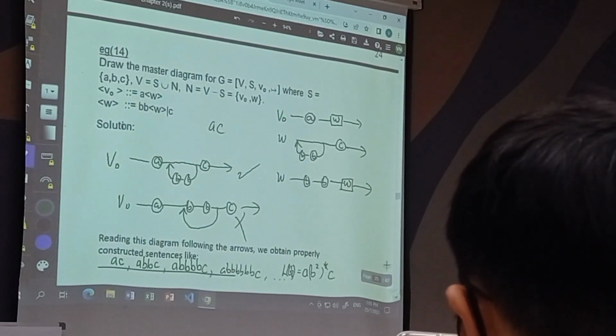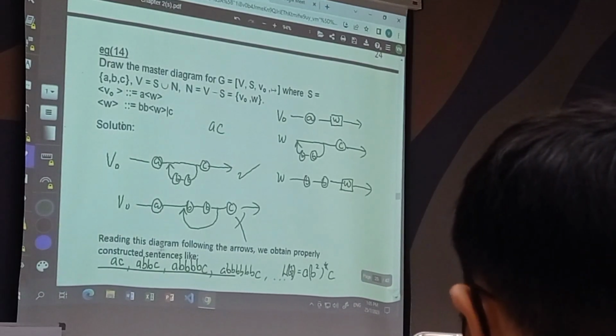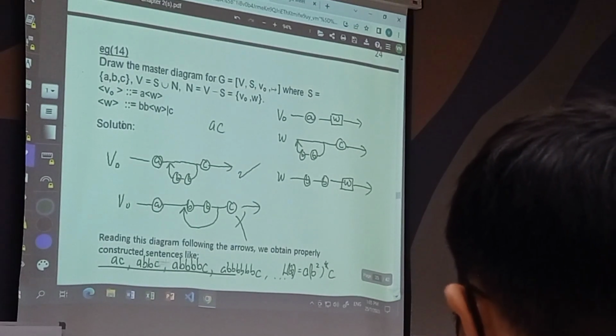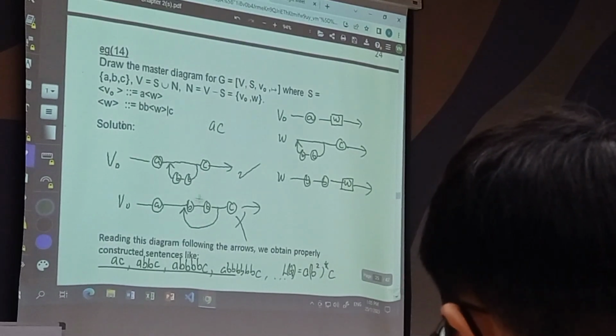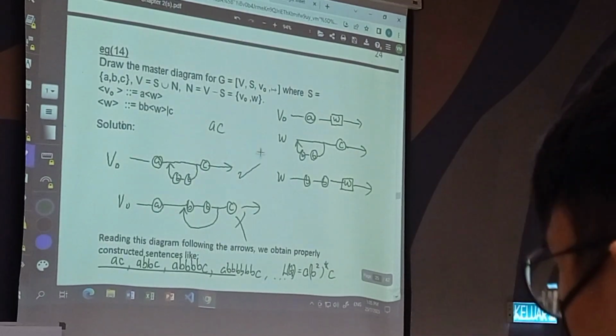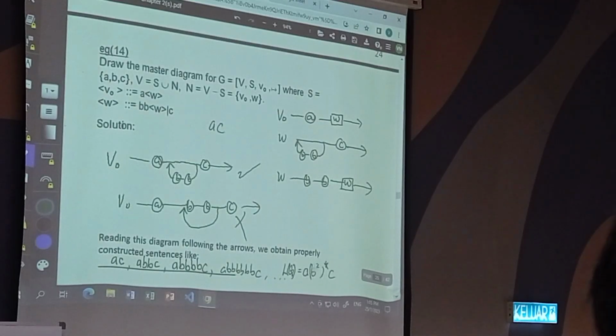If you don't know how to simplify it, then you can write the individual strings first, like this, and then you conclude yourself how to convert it to L(G). You see the pattern of the strings, then you can put it in this form. Okay?